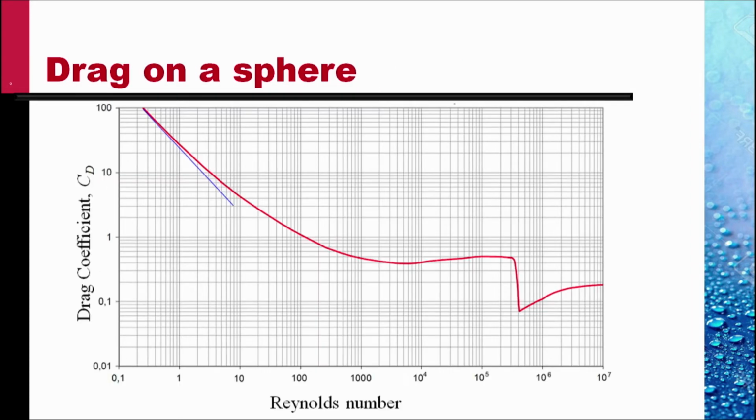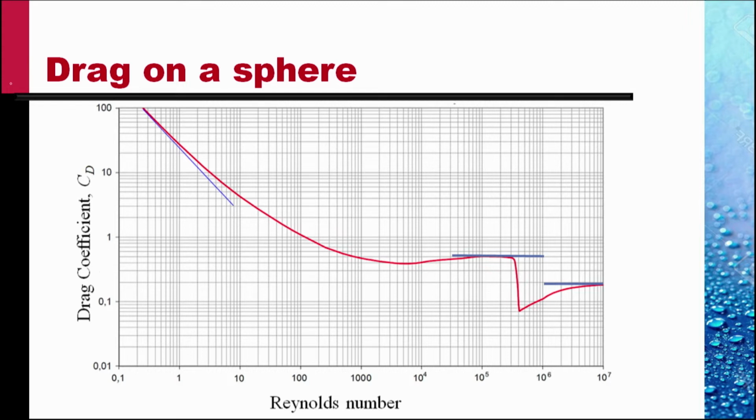If we look at the variation of drag coefficient on a sphere with Reynolds number, this is the curve that best represents it. The interesting thing to note in this is that for large Reynolds number, from about 2 into 10 to the power 4 to about 10 to the power 6, the drag coefficient can be taken to be constant, so that the drag force varies like V square.